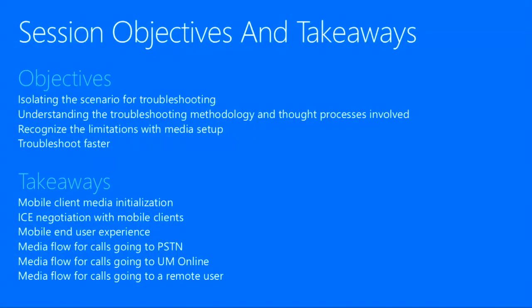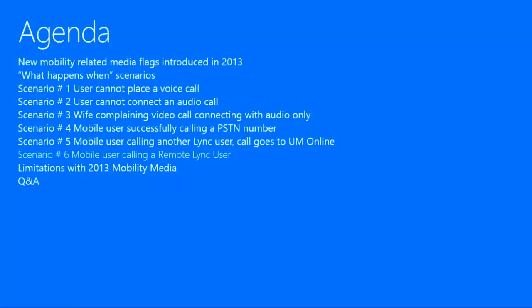We'll also be covering some of the limitations with media setup with the 2013 mobile client. The key takeaway is that we'll be covering 6 scenarios, and for each scenario, we'll explain what exactly was going on. So the agenda is the mobility-related flags in 2013, a few what-happens-when scenarios, the six specific scenarios, and then ending with the limitations.